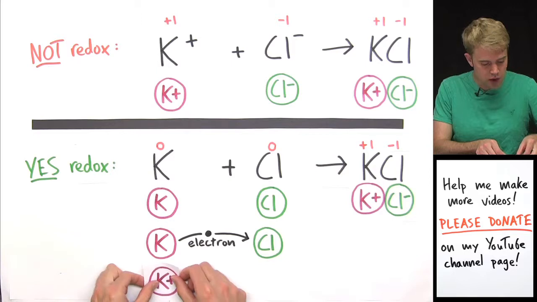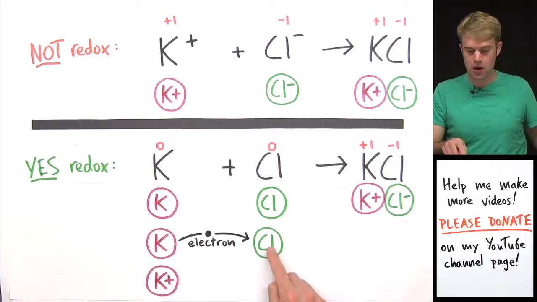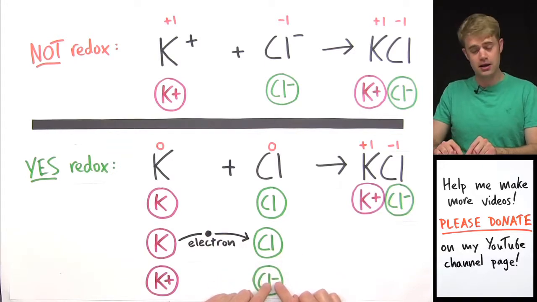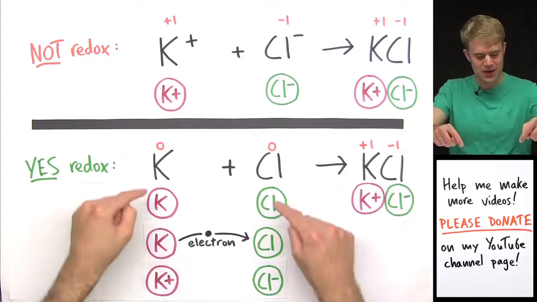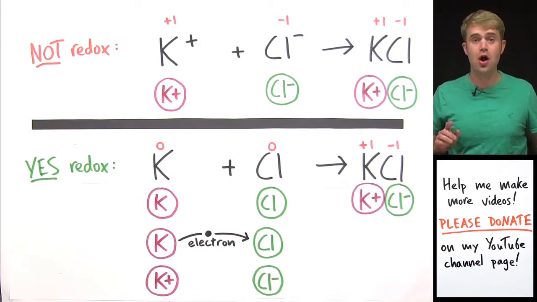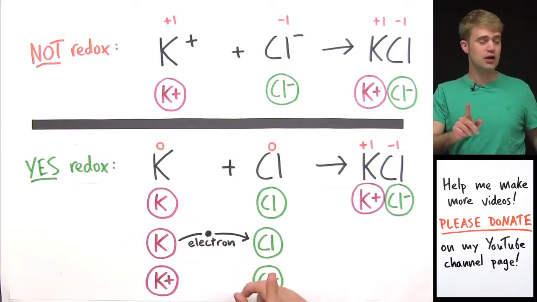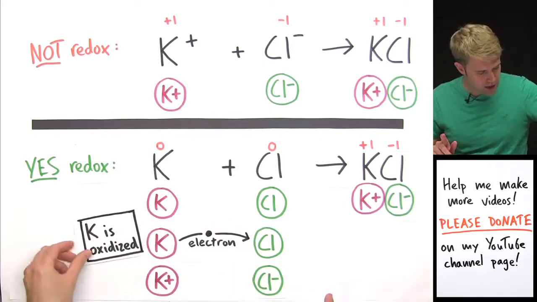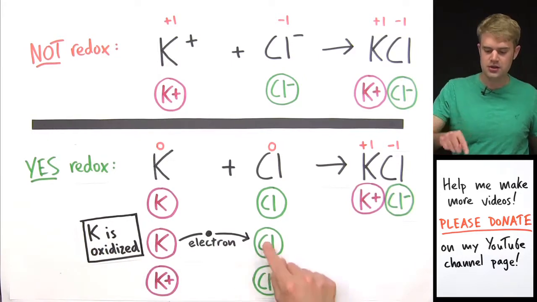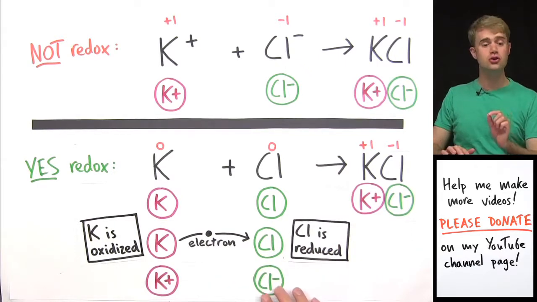K loses one of its electrons to become K+, or potassium 1+. Cl gains one of these electrons and becomes Cl-, chloride. So now these two atoms end up with charges, but only because of a transfer of electrons. That transfer of electrons caused potassium, K, to become oxidized, and it caused Cl, chlorine, to become reduced.